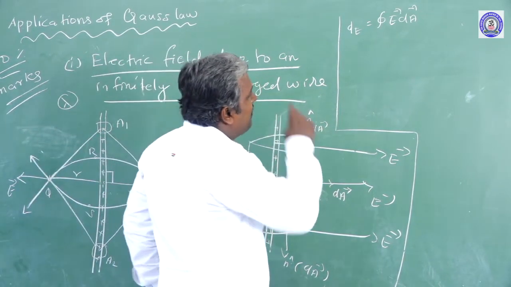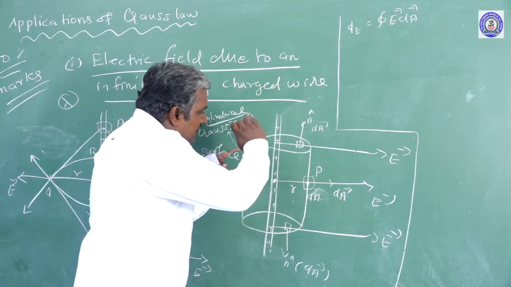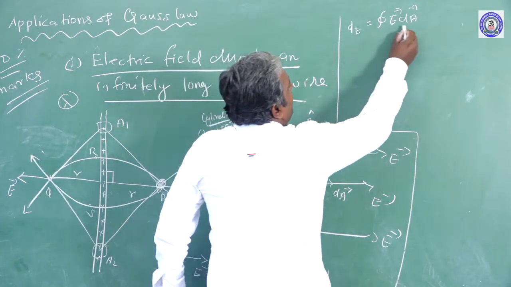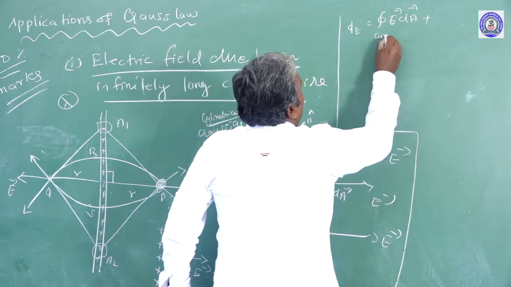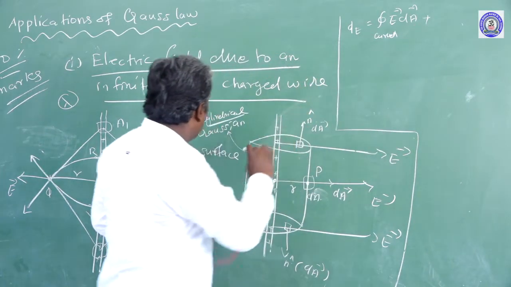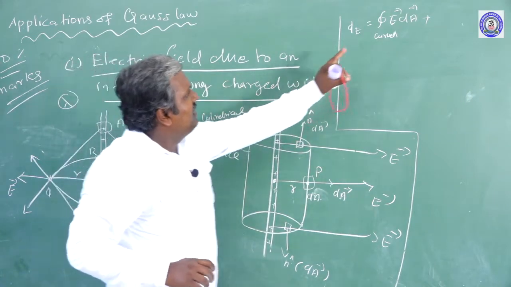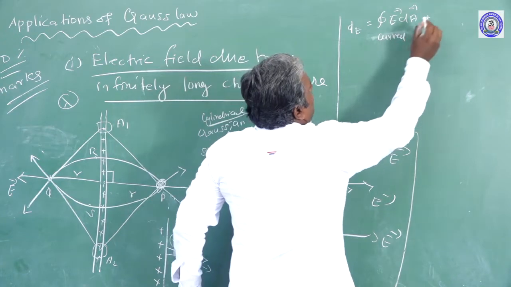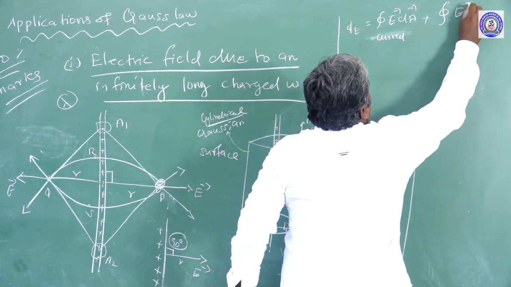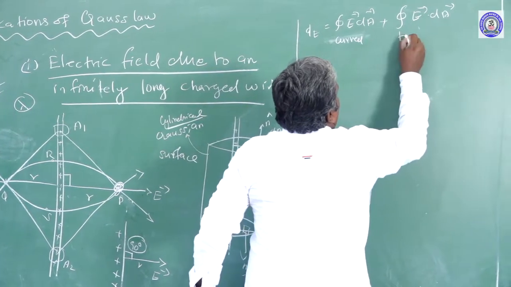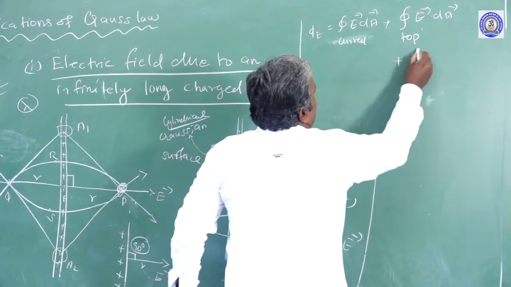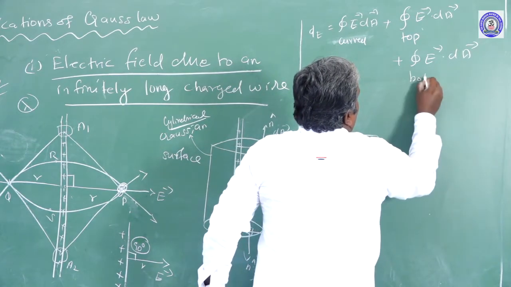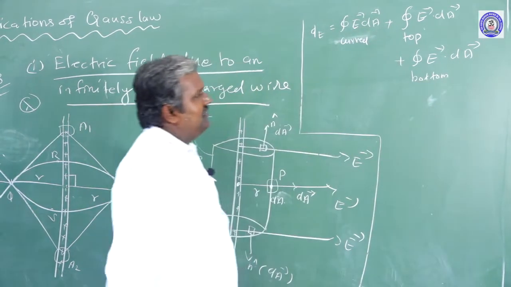Therefore, total flux through this entire cylindrical Gaussian surface is the integral of E vector dot dA vector over the curved surface, plus the integral of E vector dot dA vector over the top surface, plus the integral of E vector dot dA vector over the bottom surface.